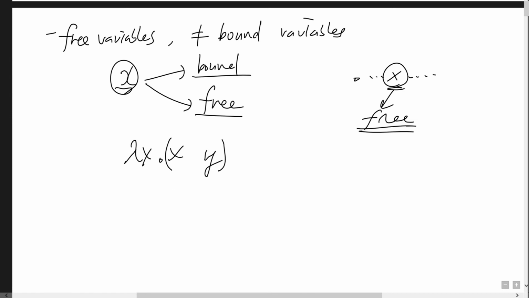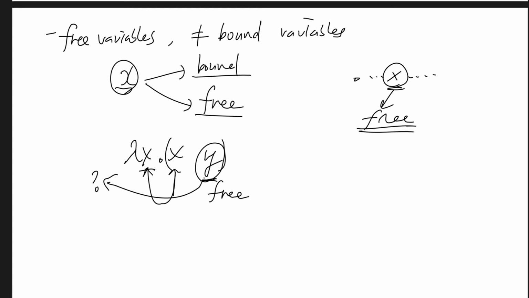So this variable x is bound because you can find the corresponding lambda binder here. On the other hand, this variable y is free because it has no such corresponding binder. That's the notion of free variables as opposed to bound variables.